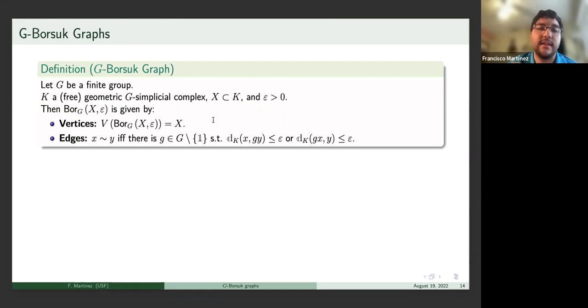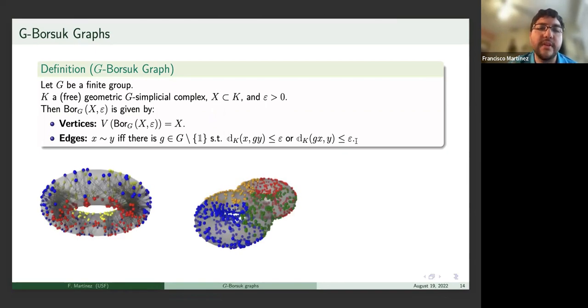The vertices are that set of points, and for the edges, we draw an edge between x and y if there is some element g in G that is not the identity, such that the distance between x and g of y is at most epsilon, or the other way around, g of x and y is at most epsilon.